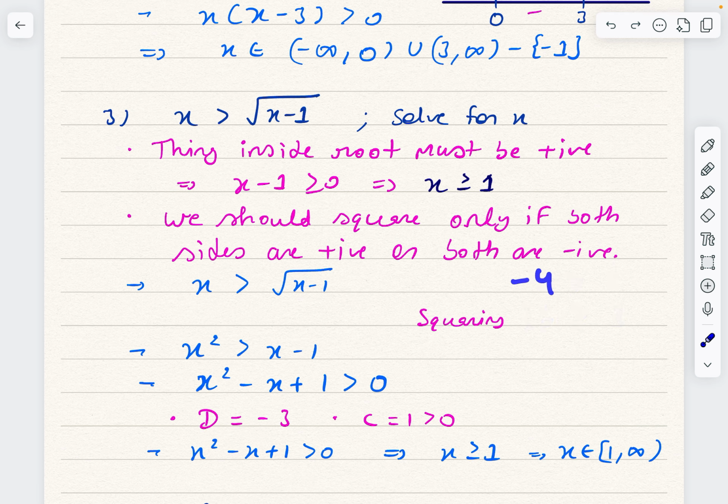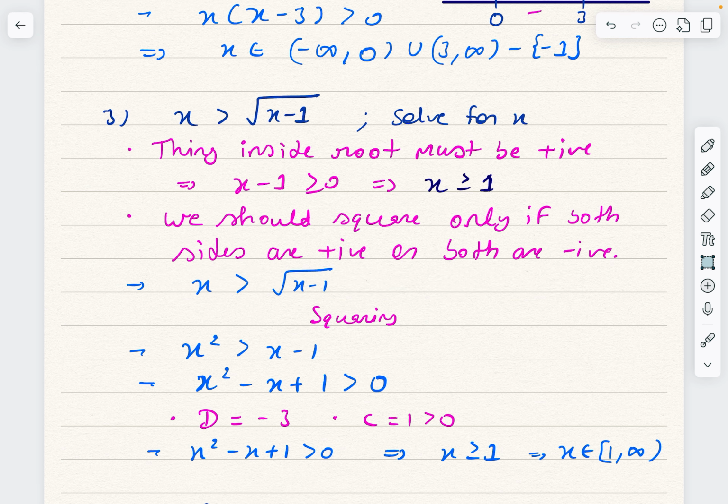I say minus 4 is less than minus 1, then we square, you get 16 and 1. Now the inequality will change. So both sides are positive, you square, it is same. Both sides are negative, you square, it will change. This is sure. But what happens if one side is positive, one side is negative?